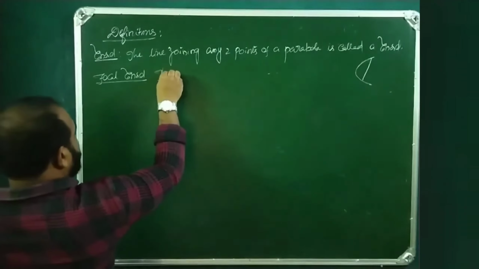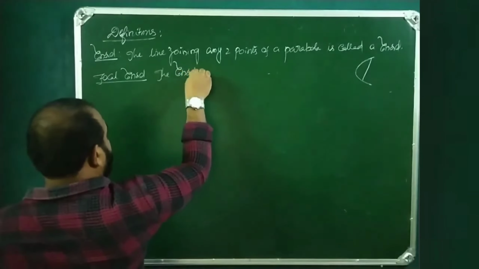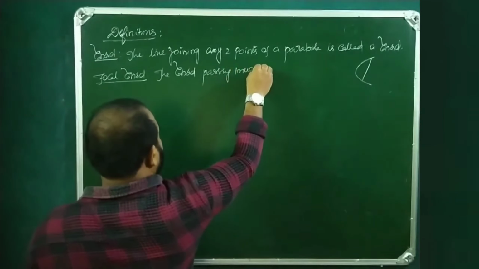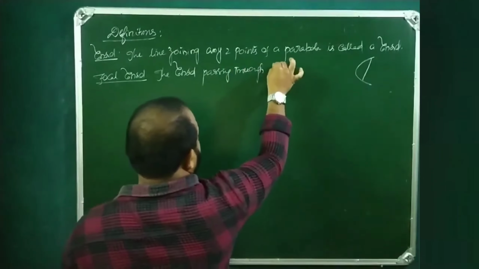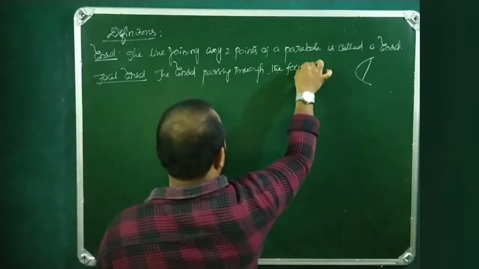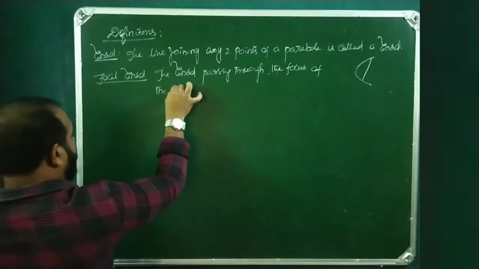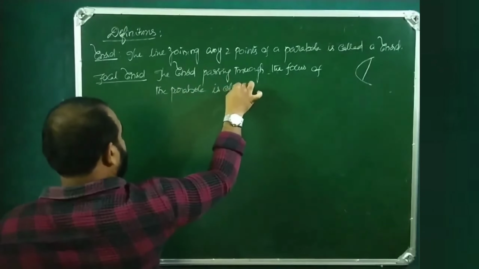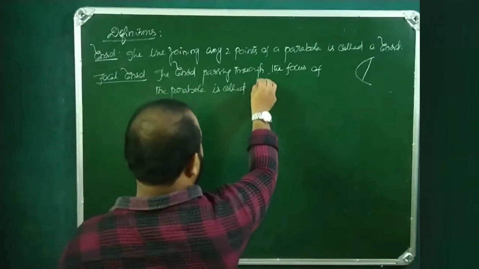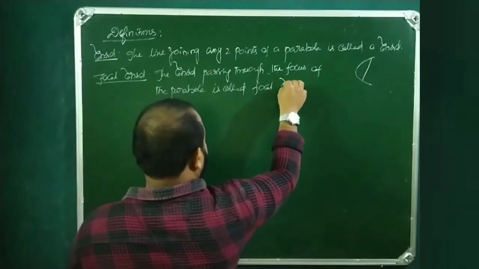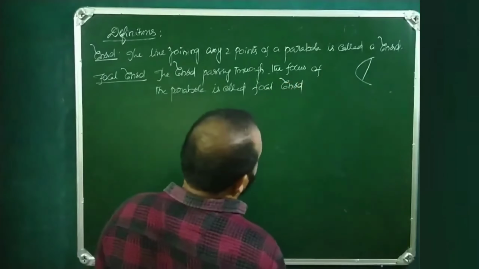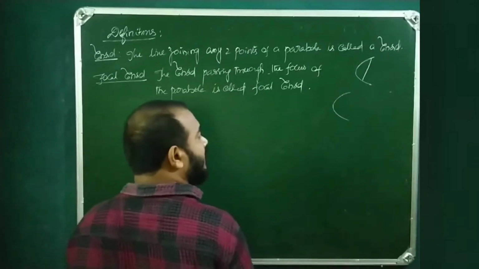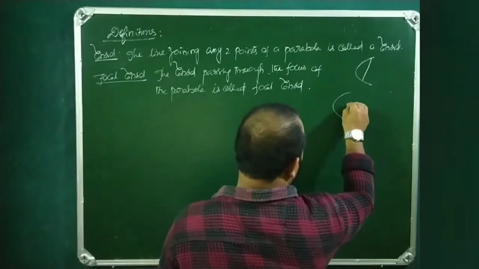Focal chord. The chord passing through the focus of the parabola is called a focal chord. So let this be the parabola and this be the focus.